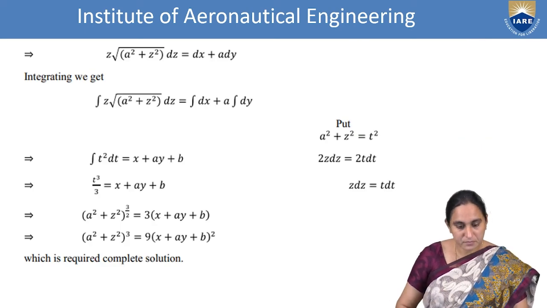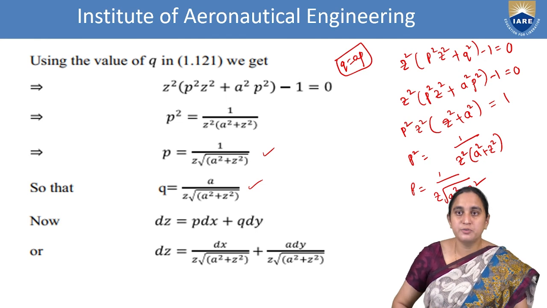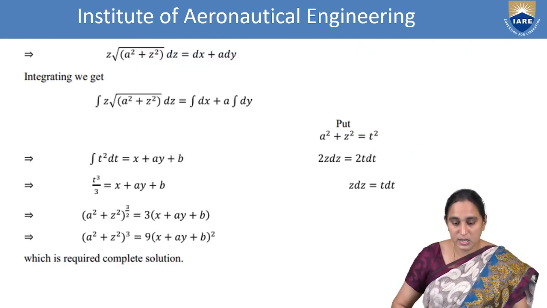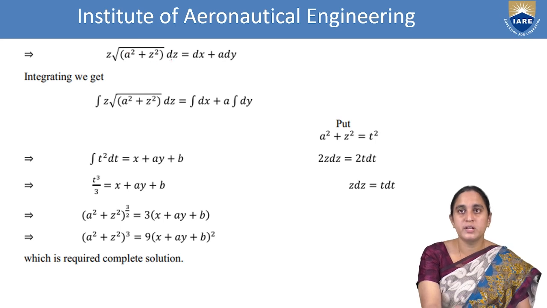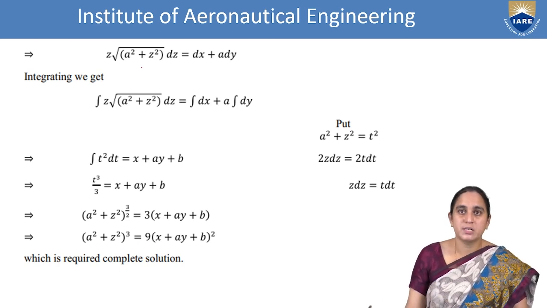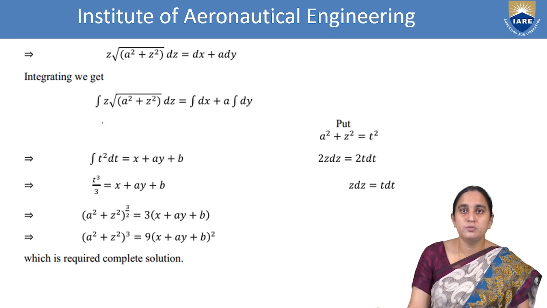Then simply, taking the LCM, we write z root of a square plus z square into dz is equal to dx plus a into dy. Integrating on both sides, integral of z into root a square plus z square into dz is equal to integration of dx plus a into integration of dy.